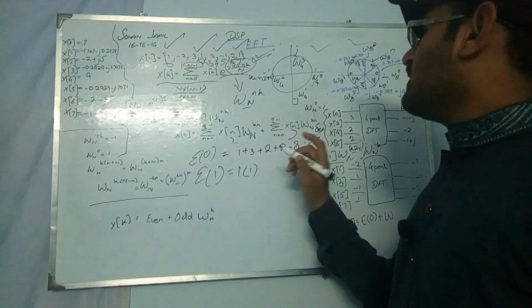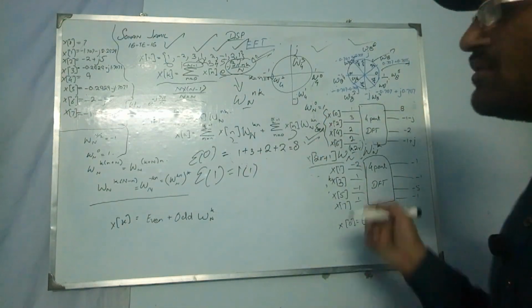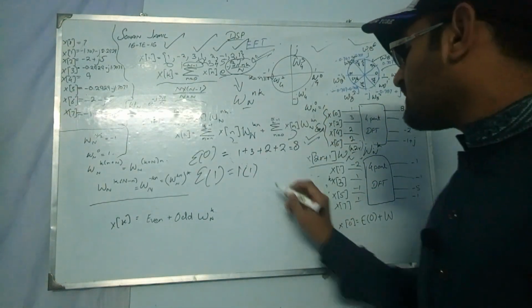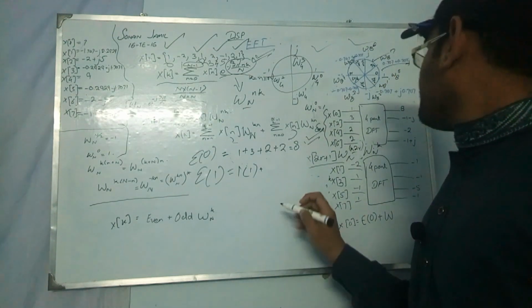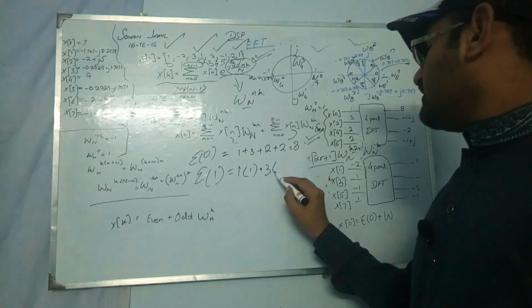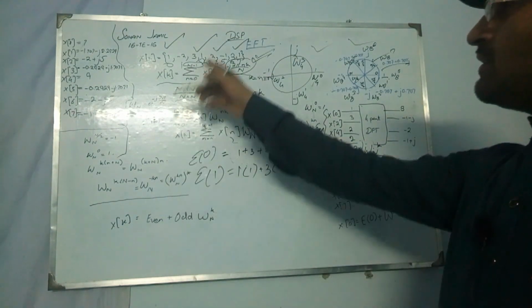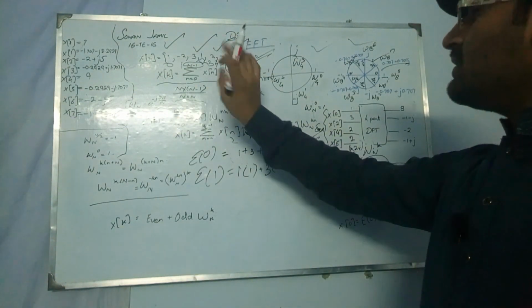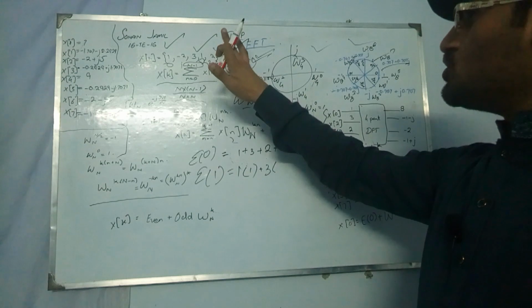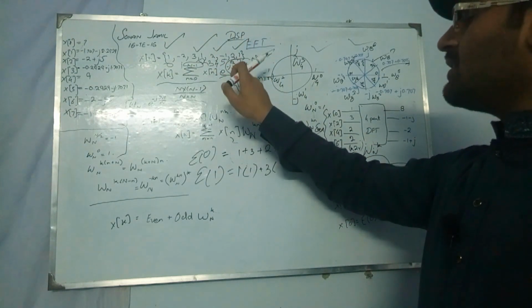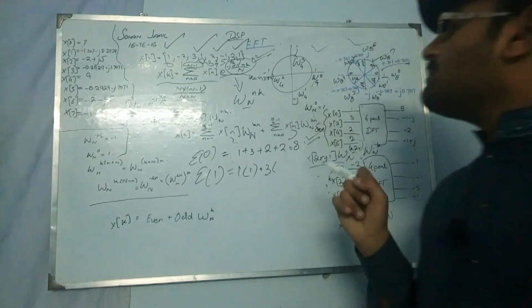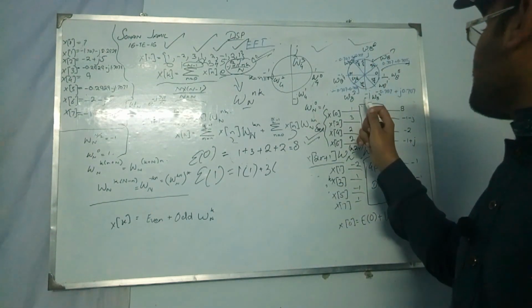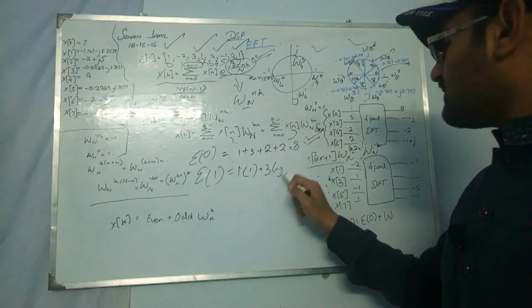It is 1 because E0 is 1, plus 3 into 1, 2, it comes out to be 4, and e power minus j is minus j.